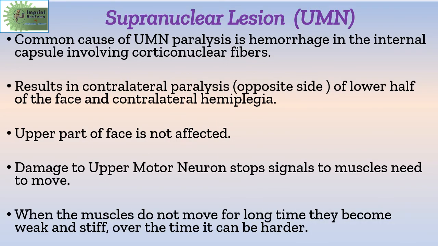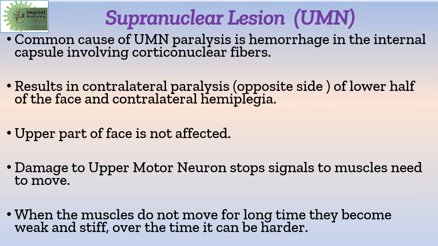The common cause of the supranuclear lesion is a hemorrhage in the internal capsule, which involves the corticonuclear fibers. As a result of this, it causes contralateral paralysis of the lower half of the face and contralateral hemiplegia.